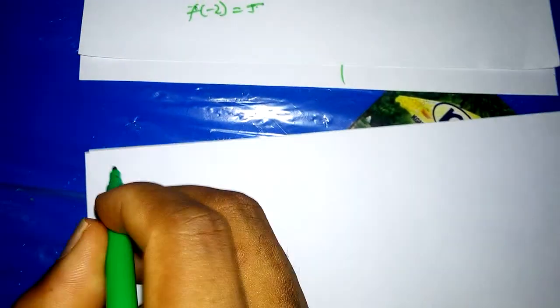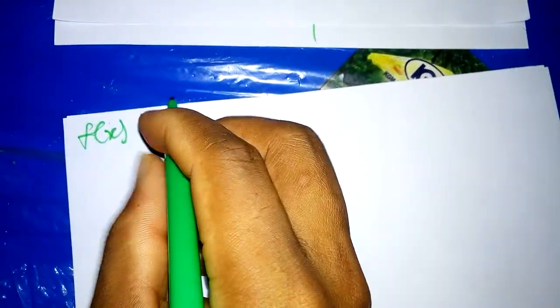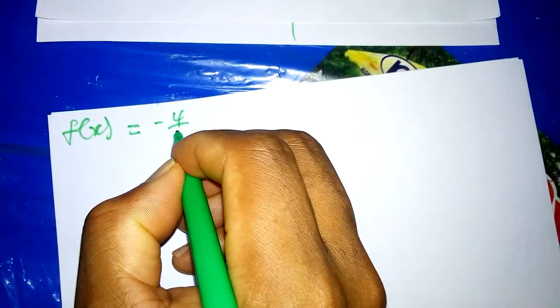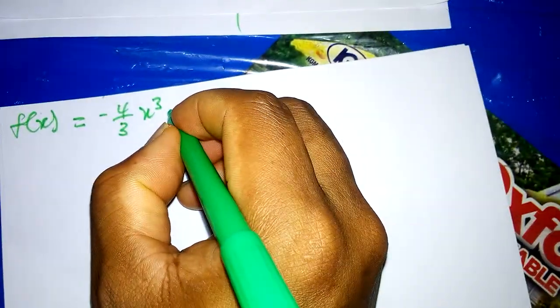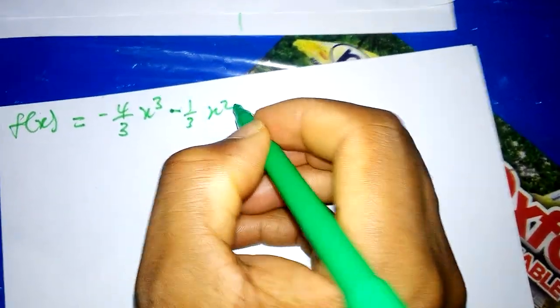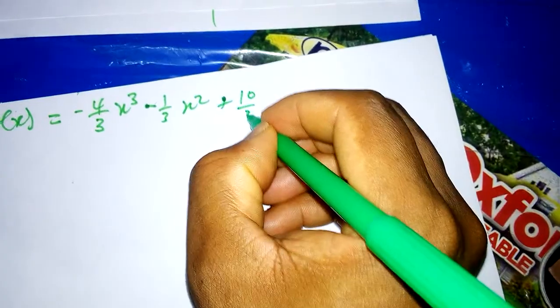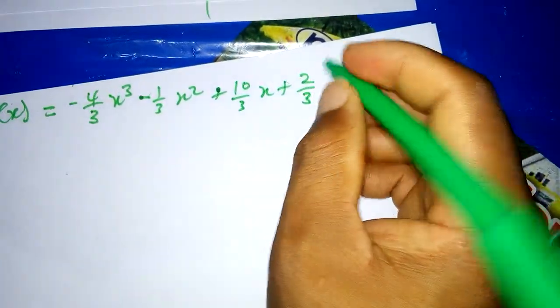Now let's get back our equation. If you rewrite our equation, f of s will be, if we substitute our values inside, minus 4 over 3 s cubed minus 1 over 3 s squared plus 10 over 3 s plus 2 over 3.